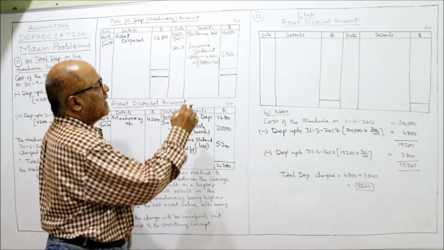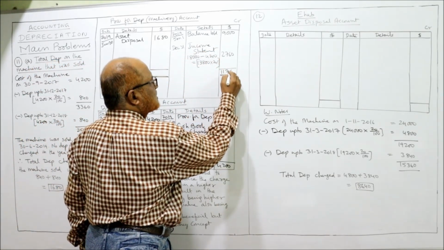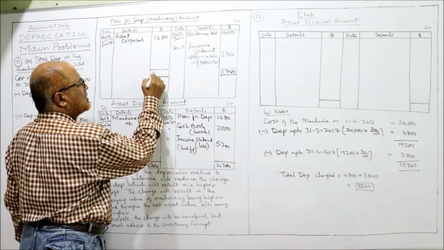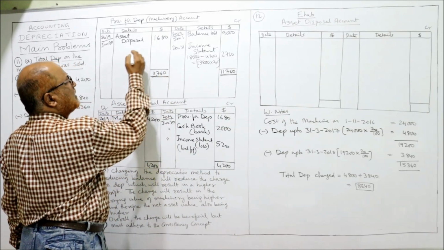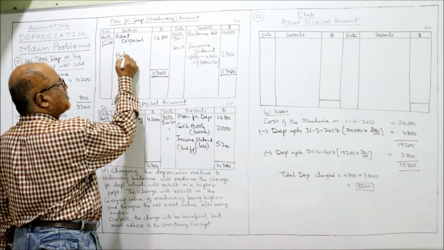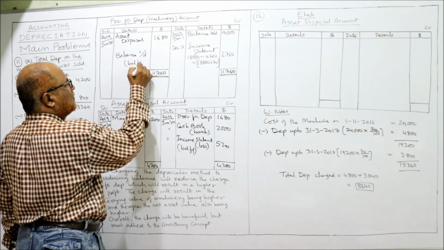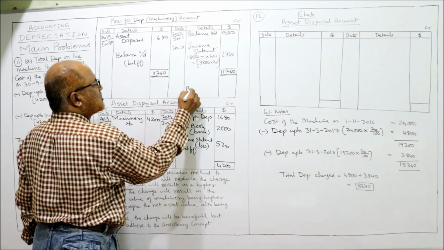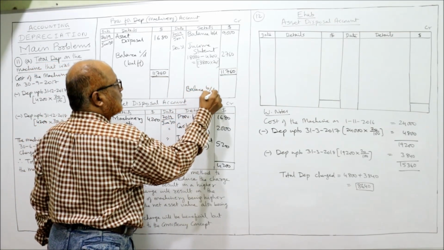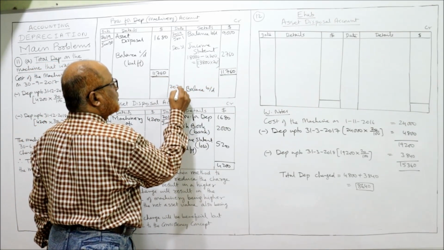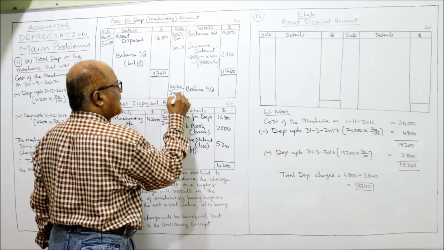9,000 plus 2,000, 9, 10, 11. 11,760 is the total. From 11,760 we deduct the balance carried down, the balancing figure. Balance brought down here, 2020 January 1st, next year.